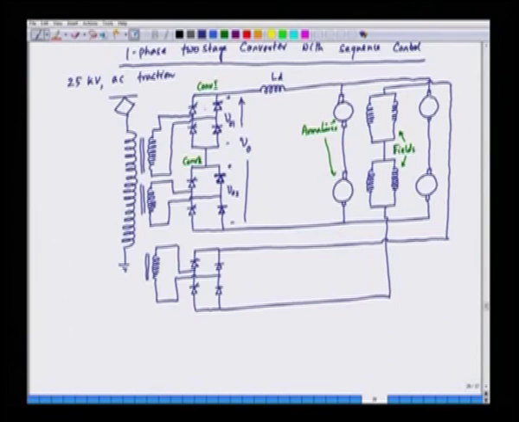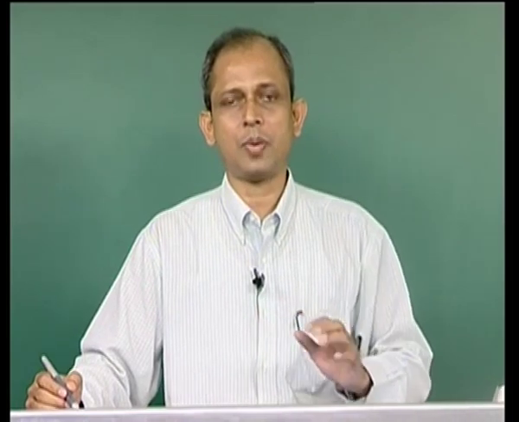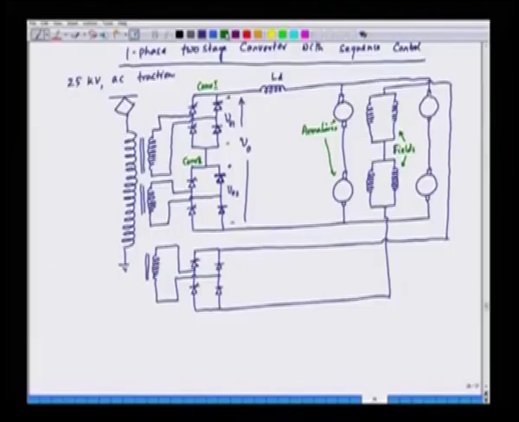Hence, when the triggering pulses to both the converters are off, we can assume V0 equal to 0. V0 is equal to V01 plus V02.